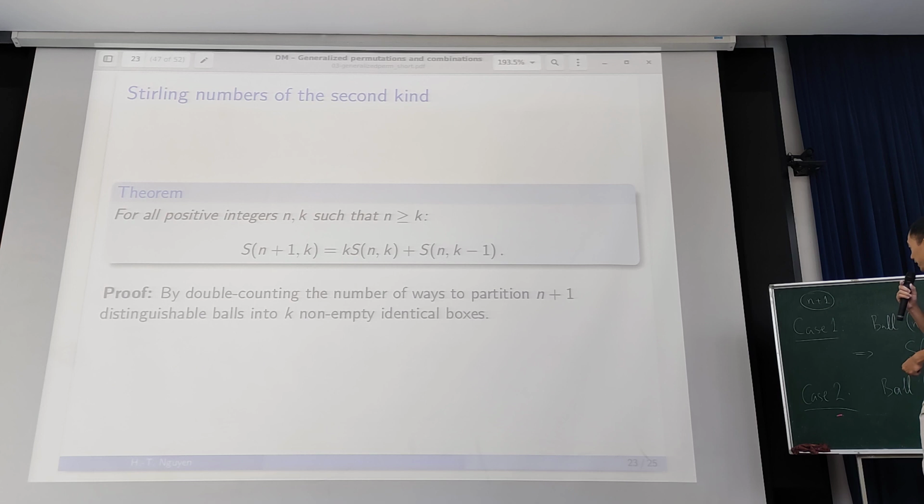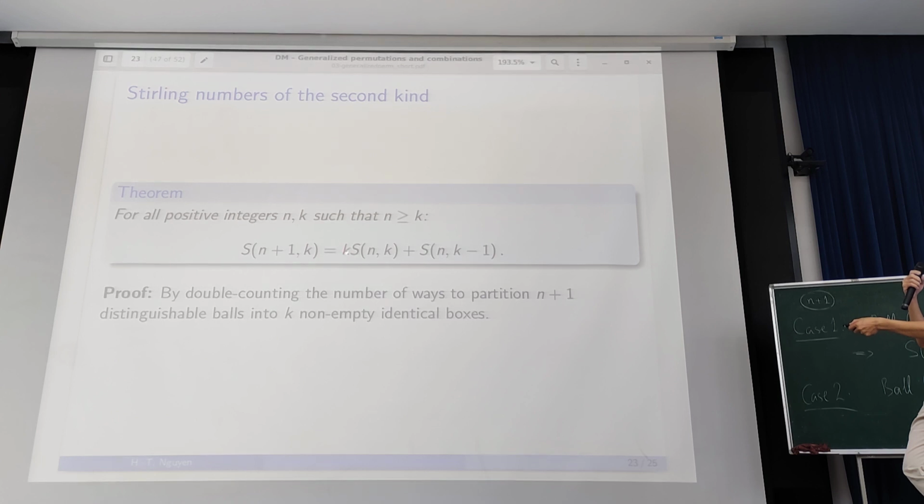Okay? In order to count the number of ways corresponding to the second case, we will first have k boxes, and since the ball number n plus 1 shares the box with some other balls, if we take out that ball, then we have k non-empty boxes. Okay. So that means that first we can distribute the other balls into k boxes so that none of the boxes is empty, and then we choose one of the k boxes and we put the last ball into it.